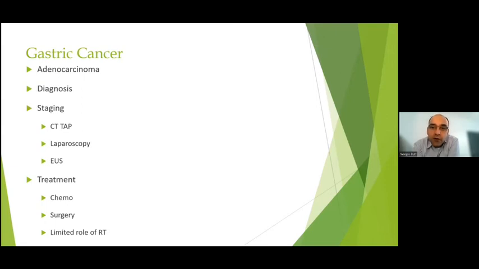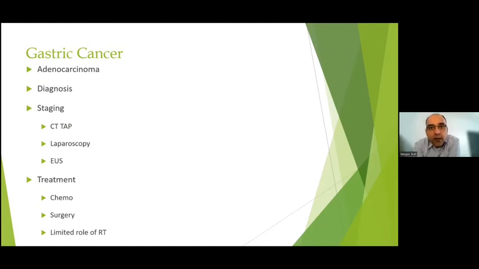But laparoscopy is required for gastric cancer because the CT scan cannot pick up peritoneal metastasis. And a lot of the time you laparoscope a patient and you find that they have diffuse peritoneal metastasis or ascites.